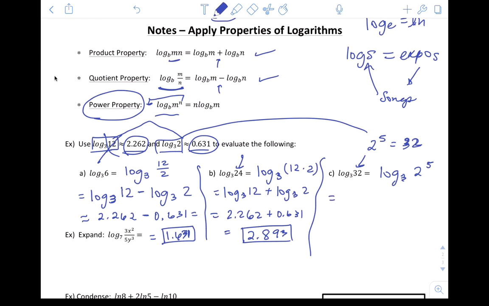So this becomes 5 times, which showing it right next to it is showing it's multiplying. With parentheses, if you want to do a little dot to show multiplication, it doesn't matter. It is understood universally that whenever it's straight next to it like that, it is being multiplied. So then what is this really? This is 5 times whatever log base 3 of 2 is, which is 0.631.